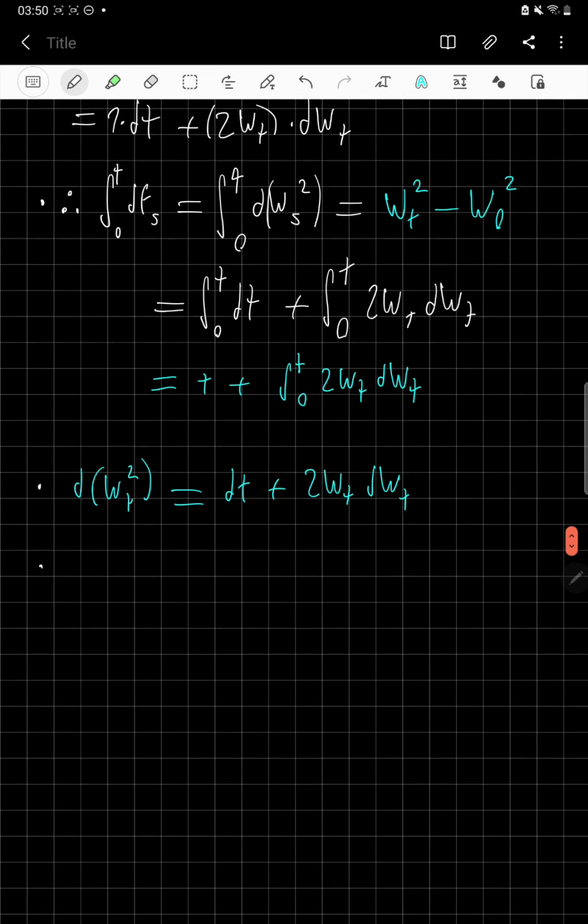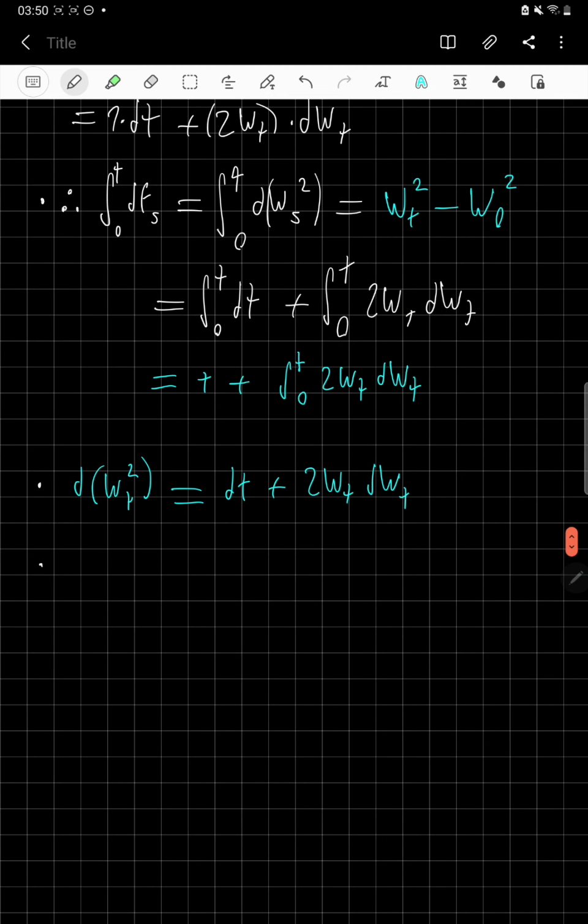We can do some shifting to obtain something very good as well. Oh, sorry, there's a minus. Okay, let's pass this here. Actually, let's just pass this here. Easier.